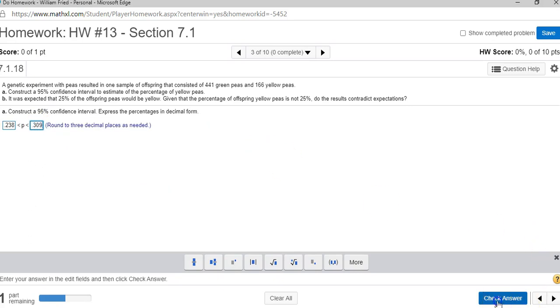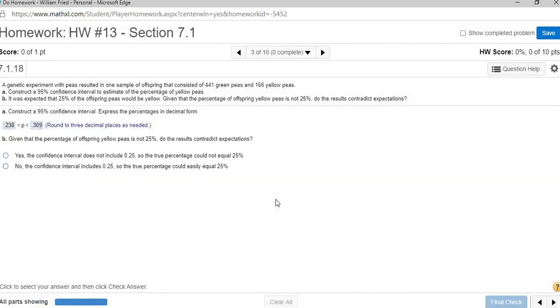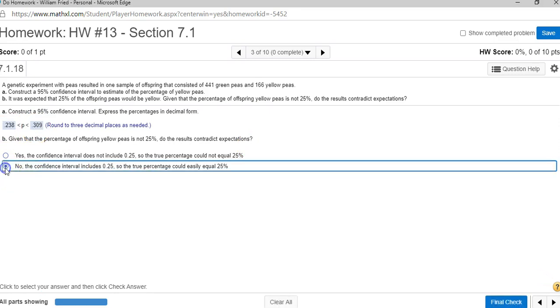Let's check. Fantastic. Okay, and then let's see, given the percentage is not 25%, do these results contradict expectations? Well, no, because 25% is still inside the confidence interval, so the true population proportion could very well be equal to 25%.